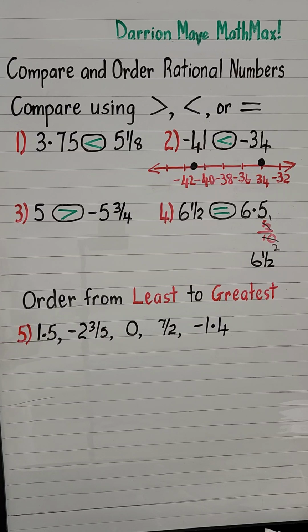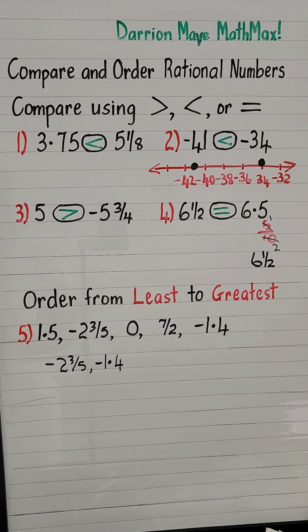And remember, as stated before, that the greater the negative number is, the lesser its value. So therefore, we're going to start with negative 2 3/5 as the least number, and negative 1.4 as coming second.